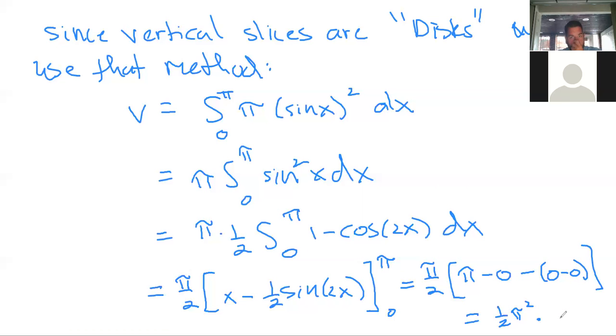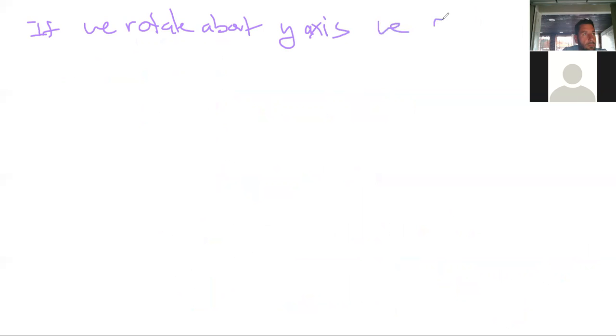Okay, now we want to do the next piece, and the next piece says let's rotate around the y-axis. So if we do this, we get a different solid. And so that solid's going to look sort of like a donut.